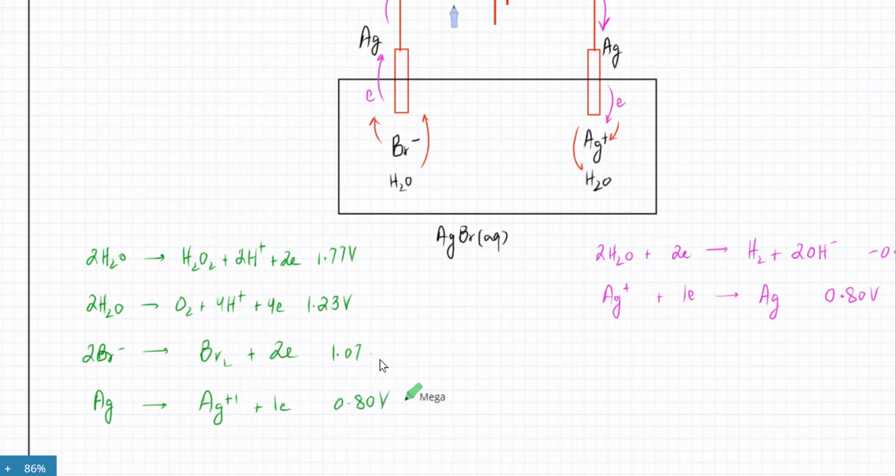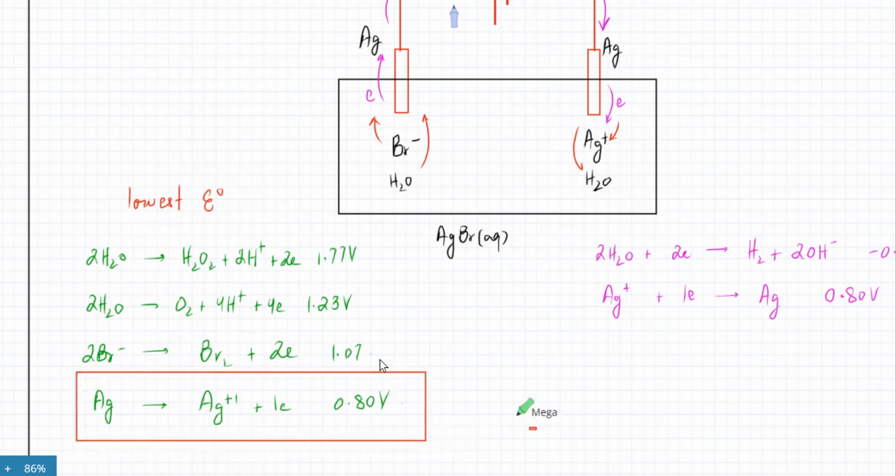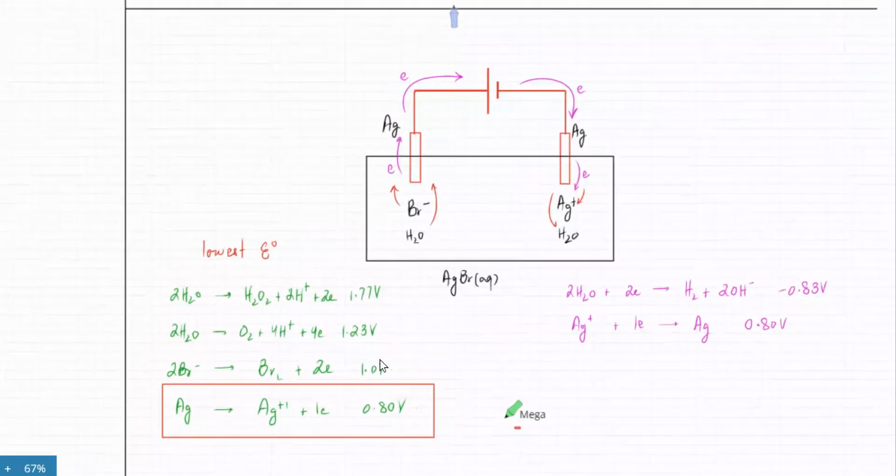volts. So out of the four, which one has the lowest E naught? Remember, the one that really likes to lose electrons is the one that is going to have the lowest E naught. And that in this case is the silver. So what that means is that out of these three substances, it's the silver electrode over here that has the greatest tendency to actually lose electrons.